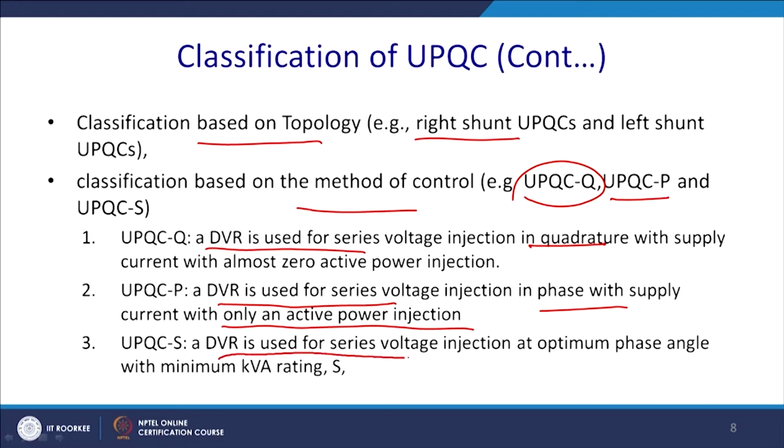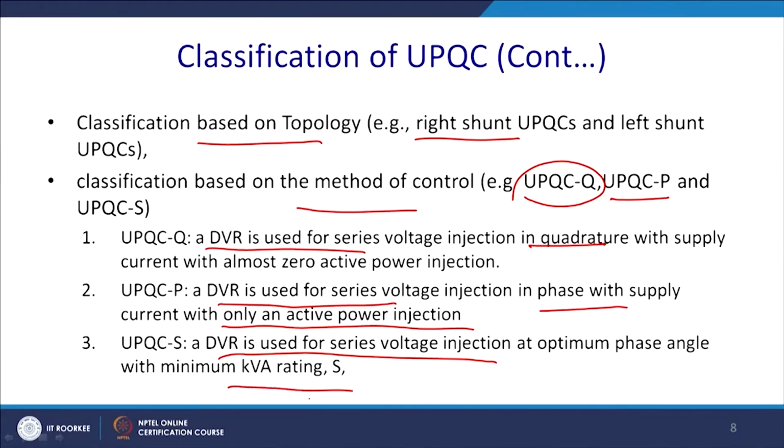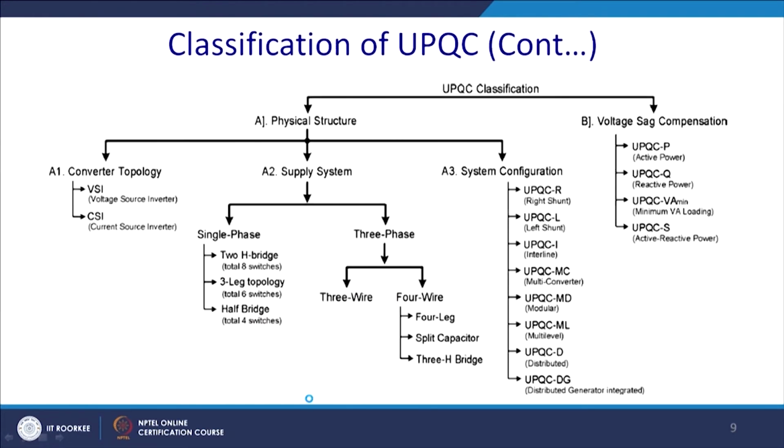The DVR is used for the series injection of the optimal phase angle to increase the effective power handling capability of the line, and phase angle with maximum kVA of S. So, these are the 3 modes of operation of UPQC, and this is the overall classification of UPQC.